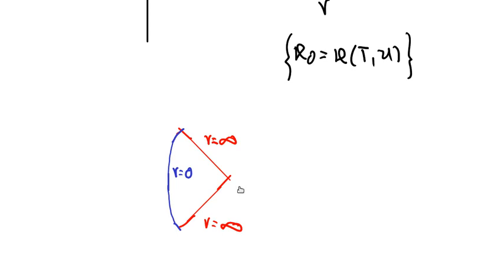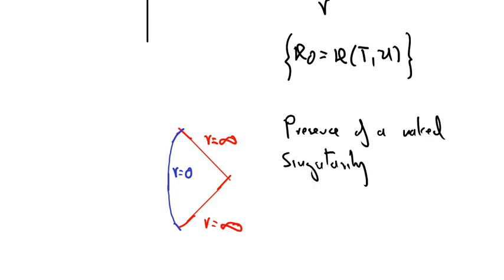The most important feature of this diagram is that it contains an edge singularity. Why do I say that?